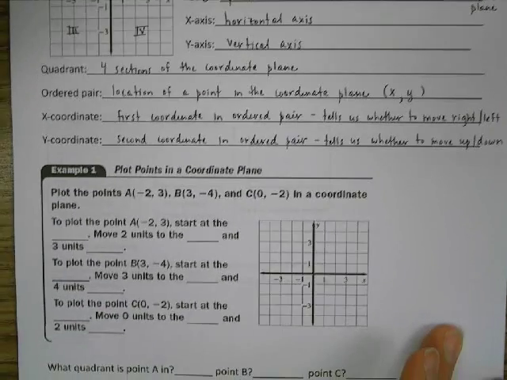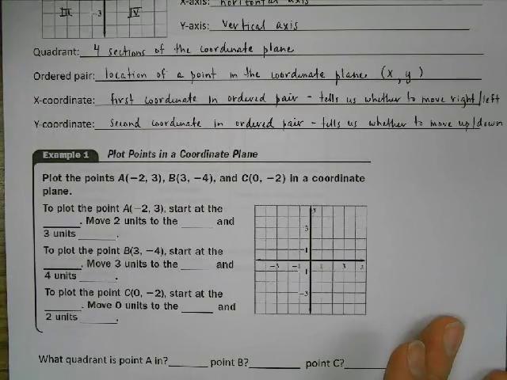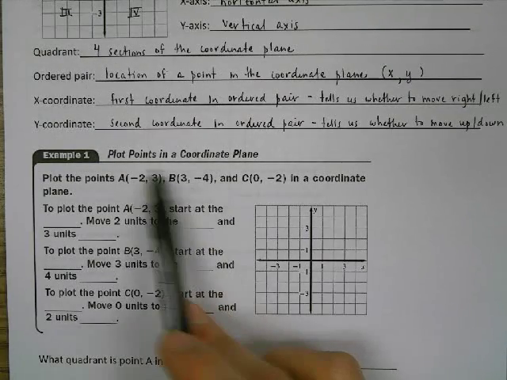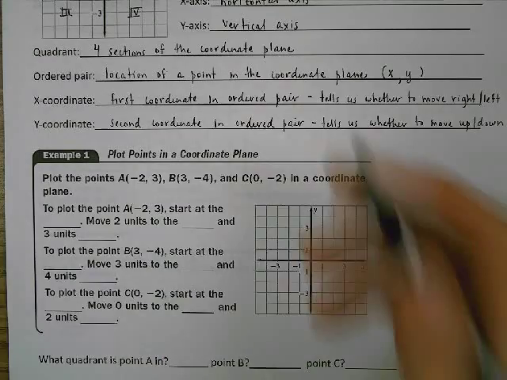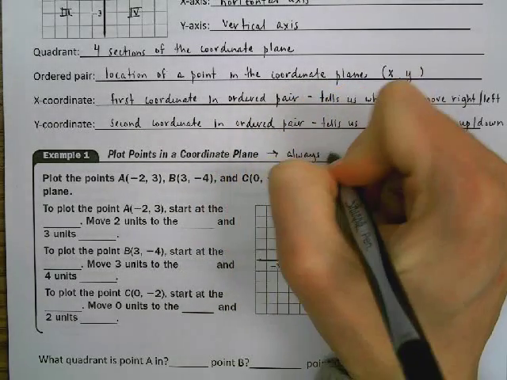So the first thing we need to be able to do right now is to actually plot points in the coordinate plane, and we're going to get some practice with this now. The biggest thing to remember is that when we're plotting points in a coordinate plane, we always start at the origin.